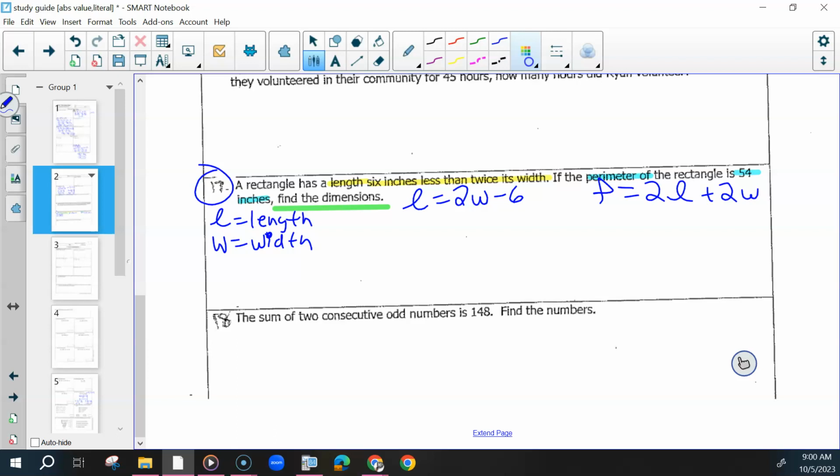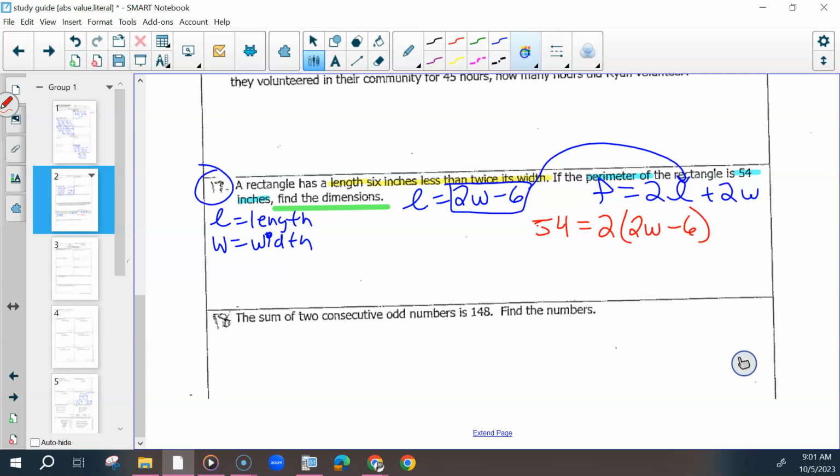But now that we have our length equation and our perimeter equation, we can take this and put it in for L. And also change P to 54. So 54 equals 2 times whatever L is, 2W minus 6, plus the 2W that was already there. Then we can solve this like a normal problem, distribute.